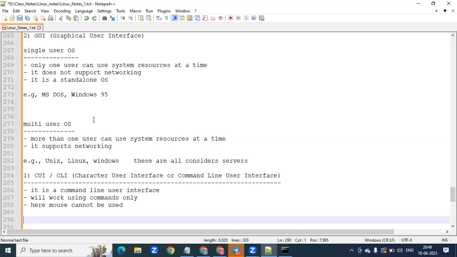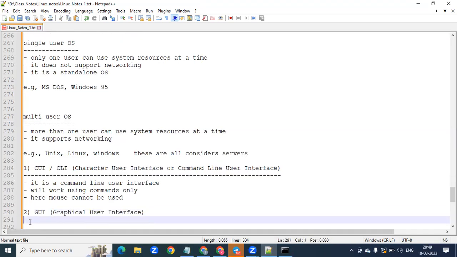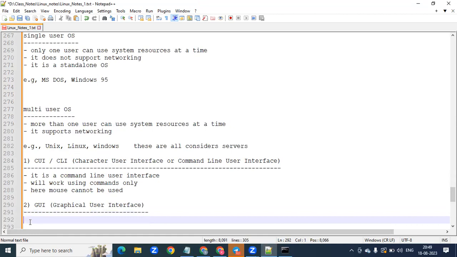And coming to the second one, graphical user interface. Here we completely work with folders and files and icons, with the mouse, and it is user friendly.